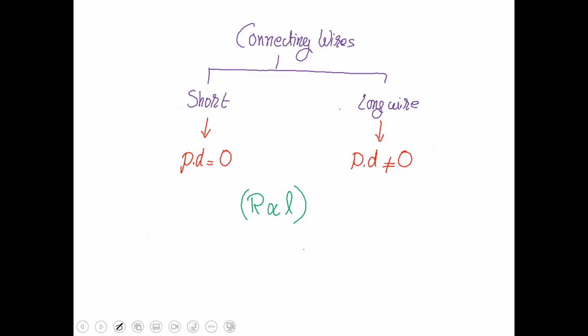If the wires are short, you can ignore the loss. Resistance is proportional to length.